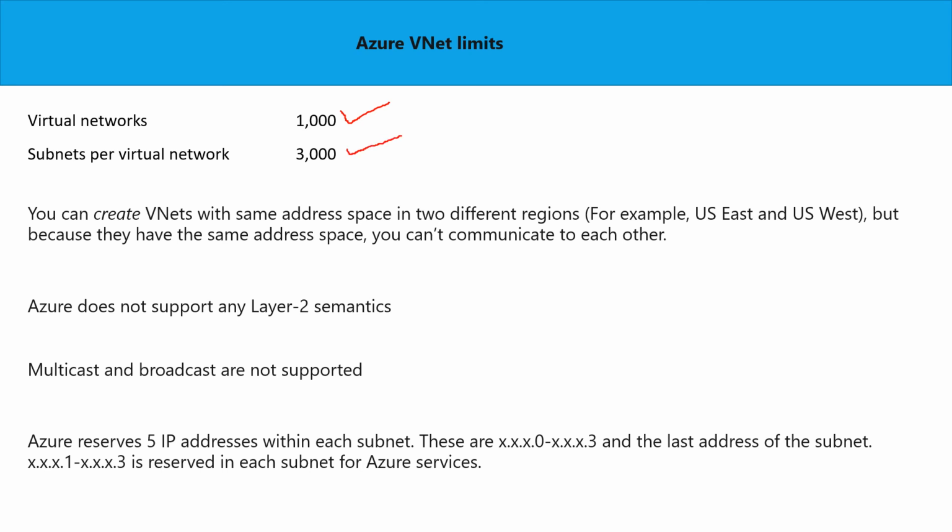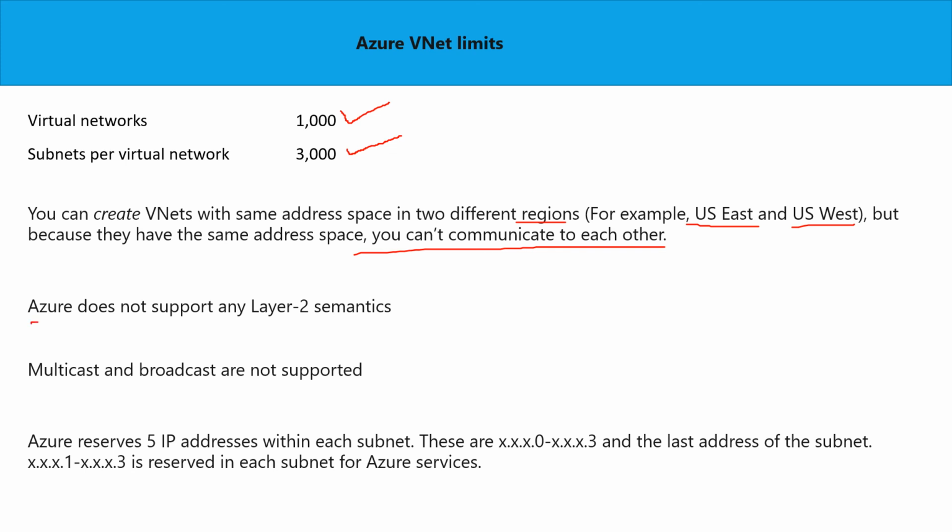Though these limits can be tweaked, you need to open a tech case with Microsoft Azure. You can create VNets with same address space in two different regions. For example, US East, US West, but because of the same address space, they cannot talk to each other. This is a same concept what we use with our traditional network as well.